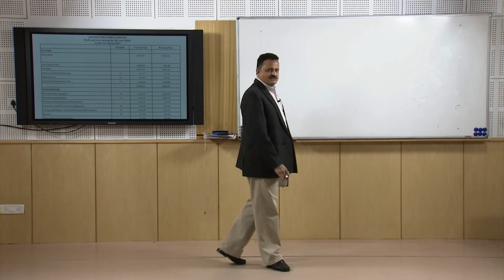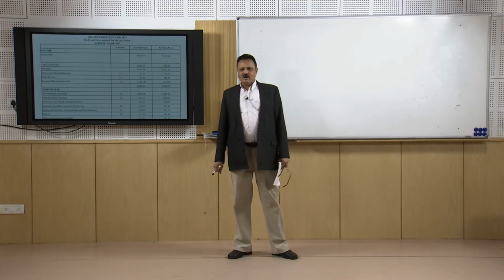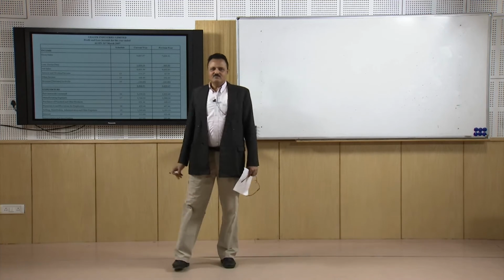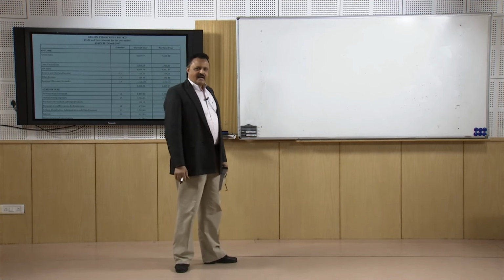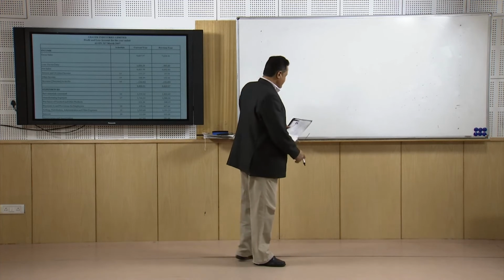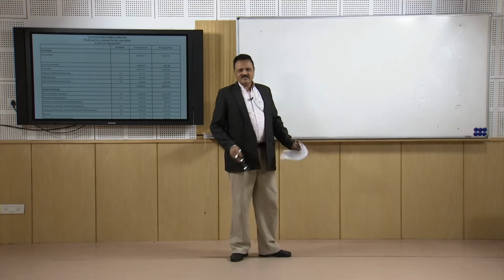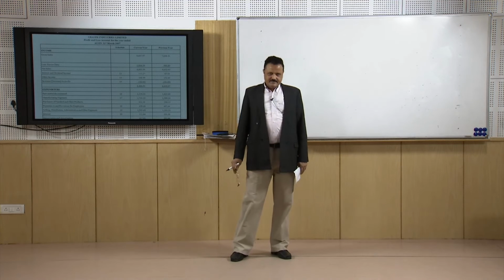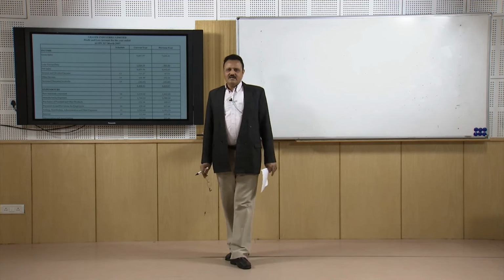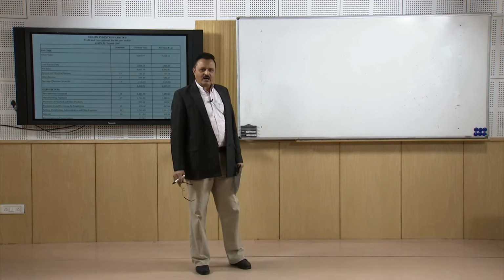When it is solvent, it is a very strong, powerful firm, easily able to manage all its liabilities, and whenever any liability becomes due, it has sufficient funds to pay it. So now we will learn how to calculate the solvency ratios.